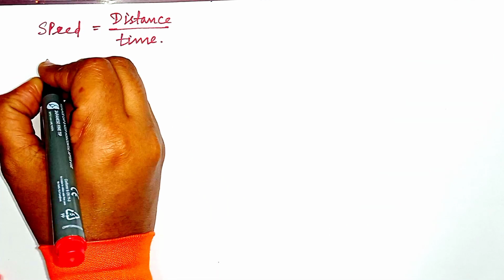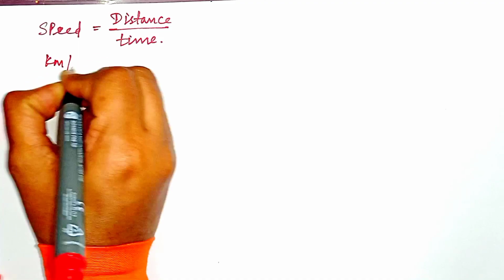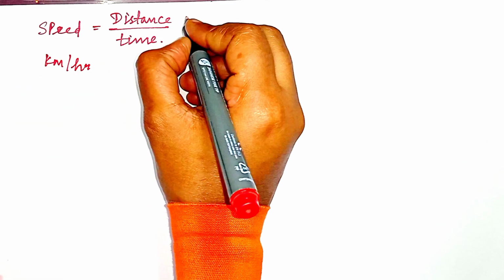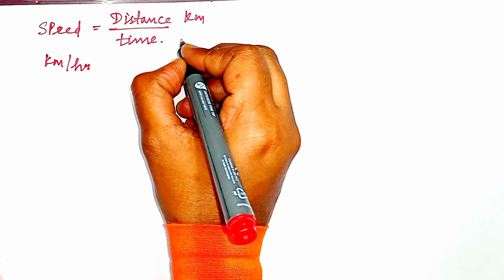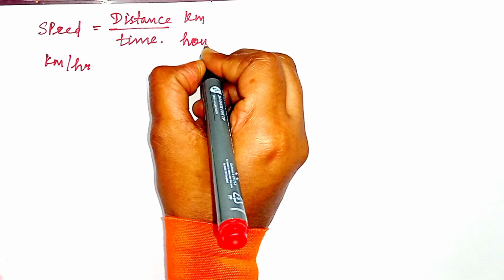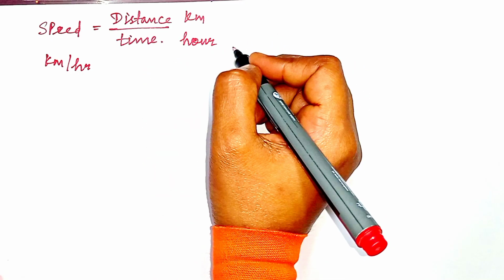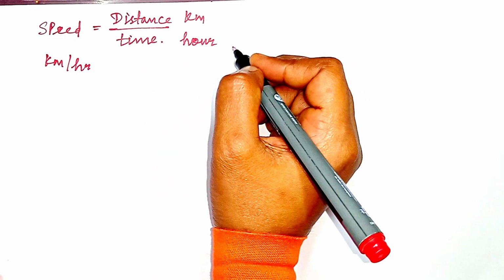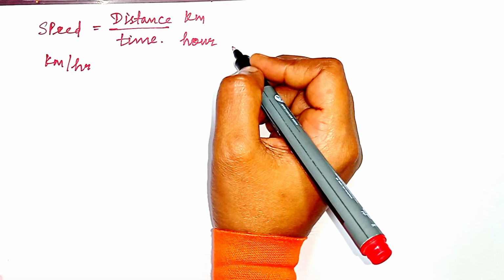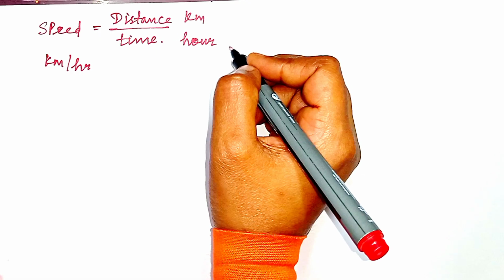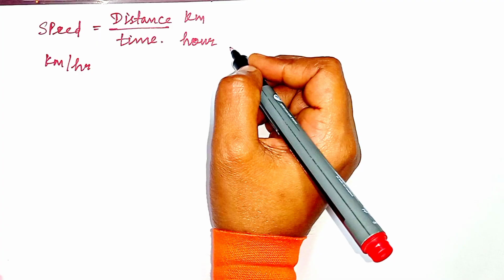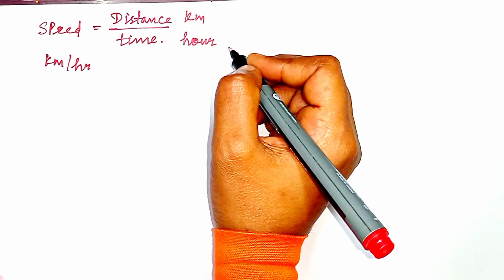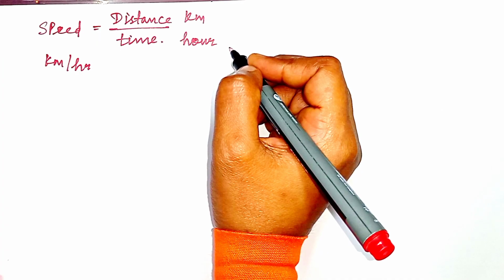So, the unit of speed is kilometer per hour, as the distance unit is kilometer and the time unit is hour. These are basic units. So you may even be asked sometimes how to convert to meter per hour.